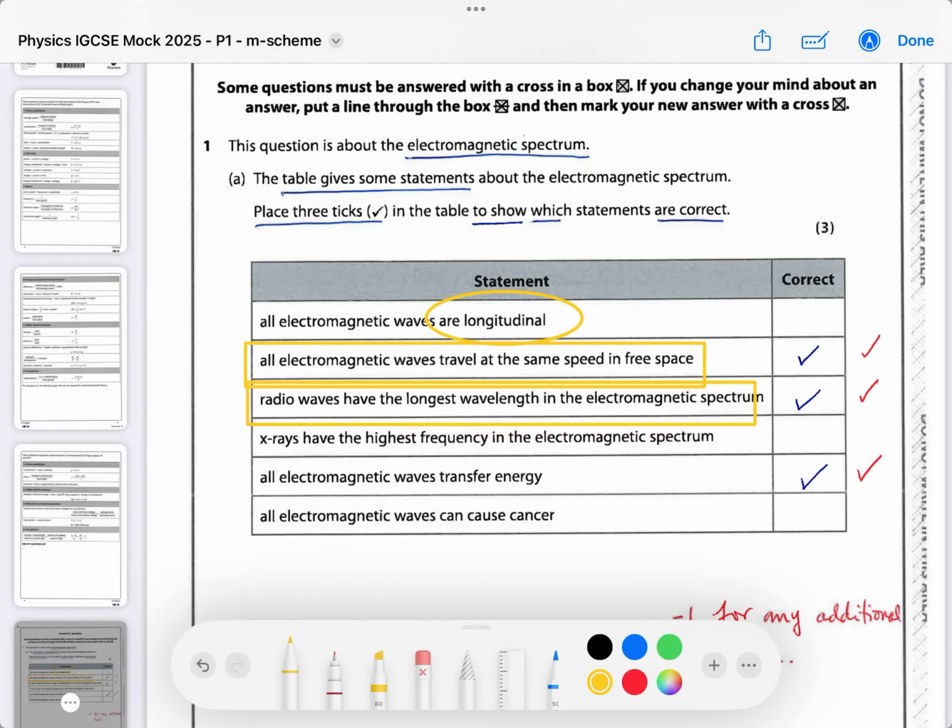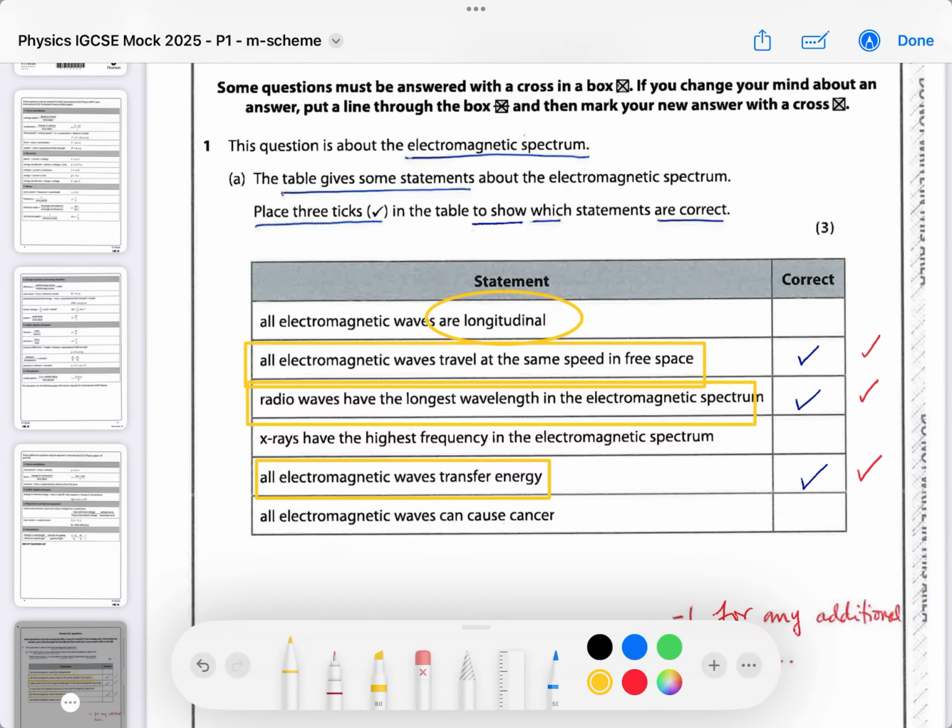It says X-rays have the highest frequency. Well, they don't. The gamma rays do. Gamma rays are natural, X-rays are man-made, and all electromagnetic waves transfer energy. So these three highlighted ones are the correct ones.